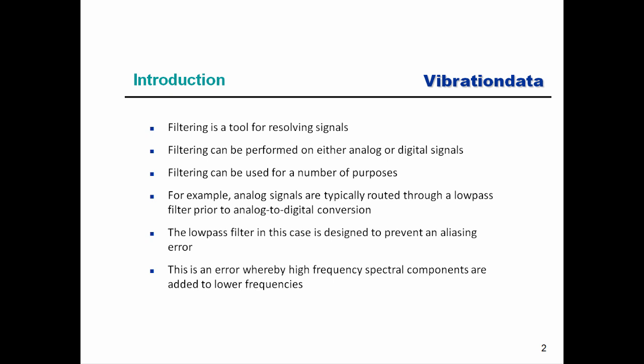And this is an error whereby the high frequency energy, spectral components in other words, are folded about the Nyquist frequency and deposited at the lower frequencies, thus giving the appearance that the energy at lower frequencies is higher than it really is. Well, in a previous webinar unit, we went over Nyquist frequencies and sample rates and aliasing, so I'll let you refer back to the previous unit to get more information on that.